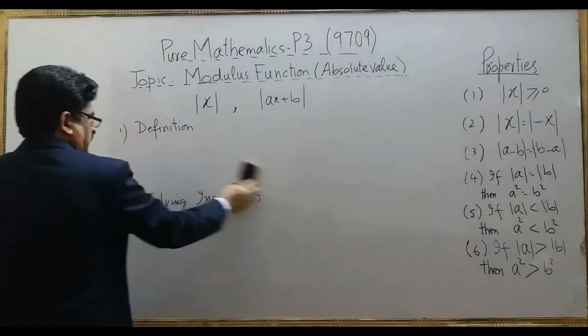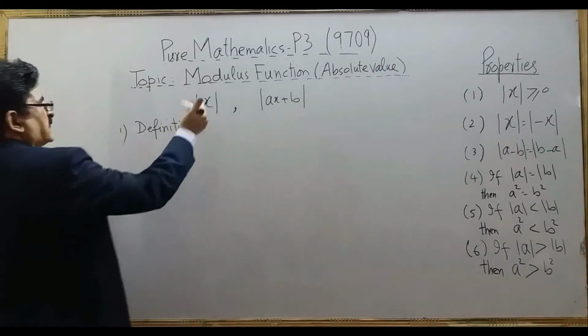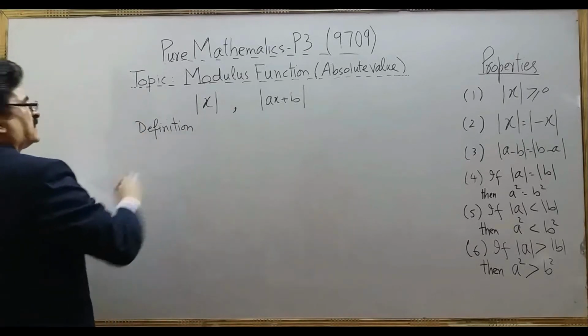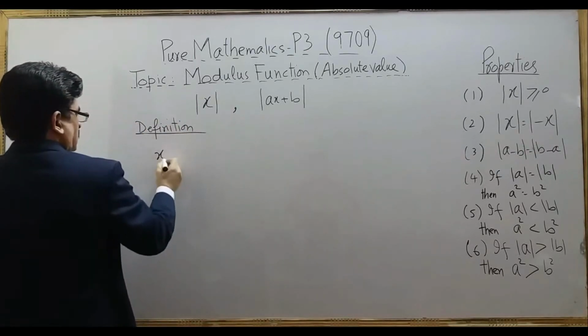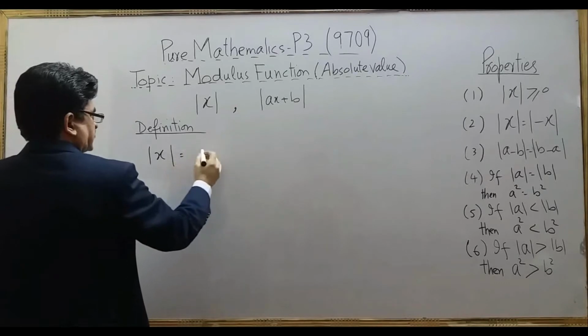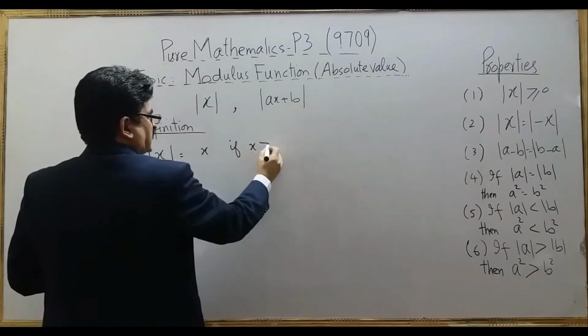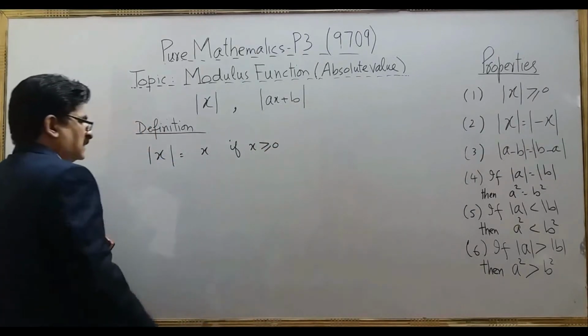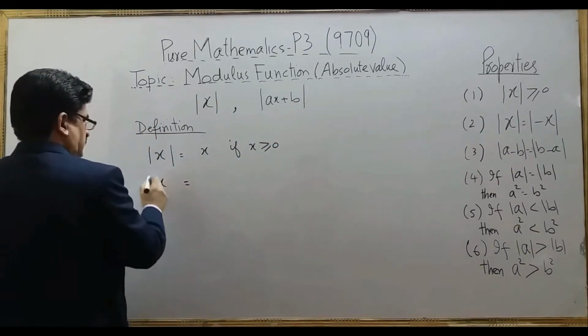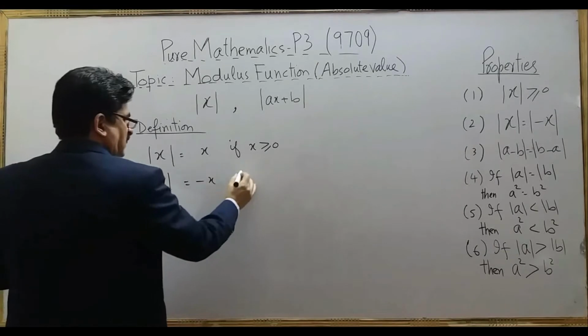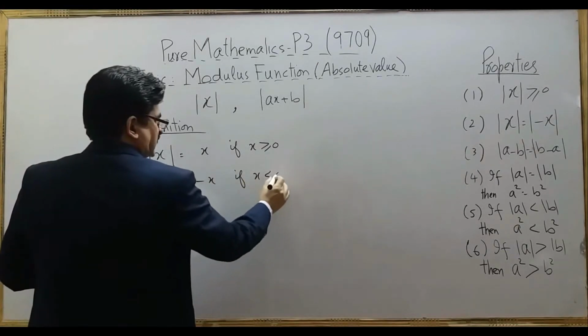So first is definition. What is the definition of modulus function? We define it that x mod is equal to x if x is greater than or equal to 0, and x mod is equal to minus x if x is less than 0.